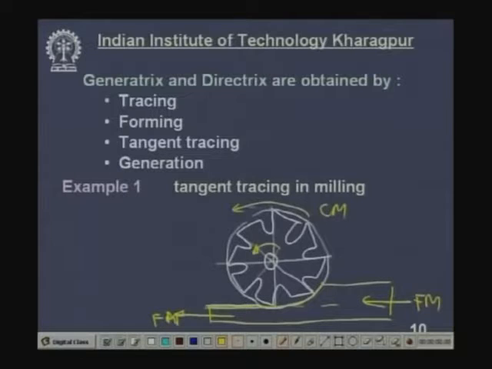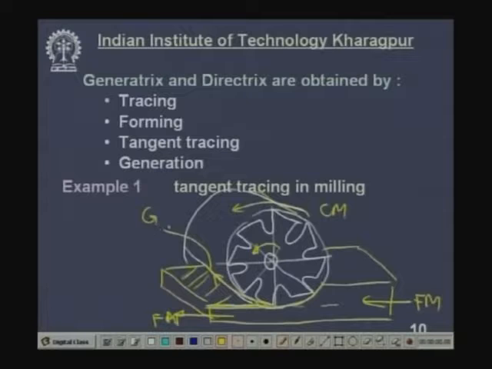Now, this is a slab milling cutter which has a certain length, and this is the flat surface which is getting produced. How? When this cutter, which is like a roller, rests on a flat surface, there is a line contact. This line of contact is the generatrix.